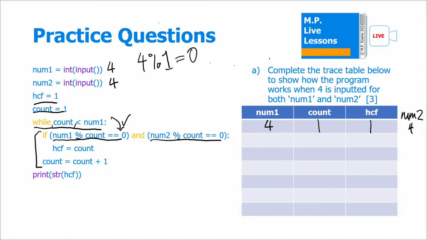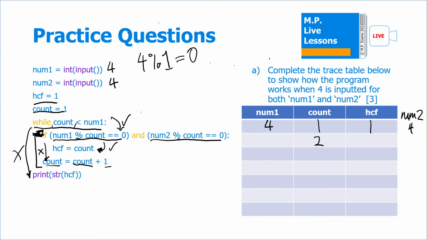This is also true, so we'll go to this little bit of code. Now the HCF, highest common factor, is assigned the count, which is still here. It doesn't change, so you don't actually need to write this. And then it just continues. Then the count is assigned its original value plus 1, so it increases to 2.